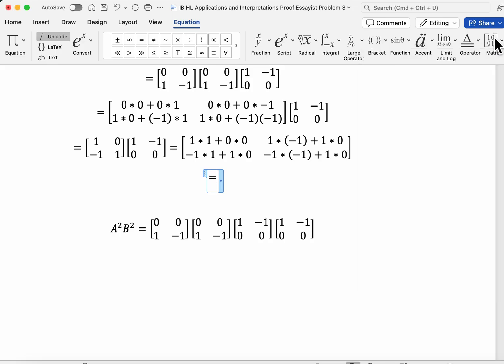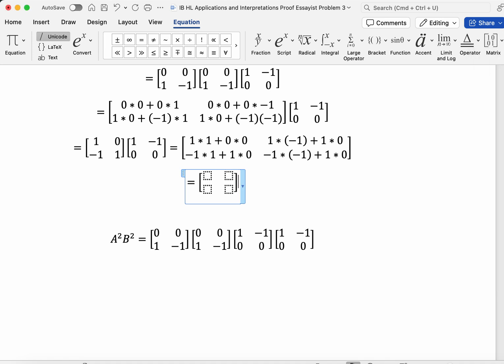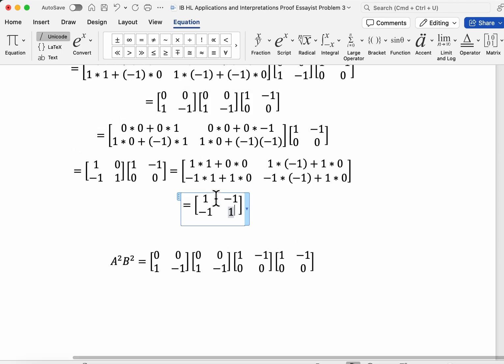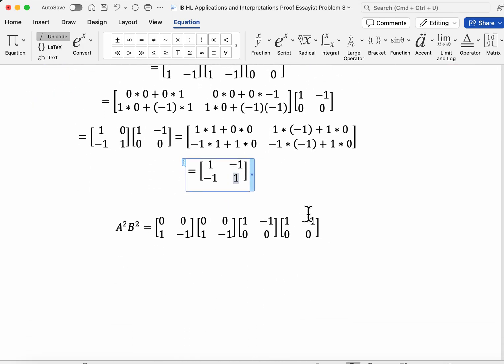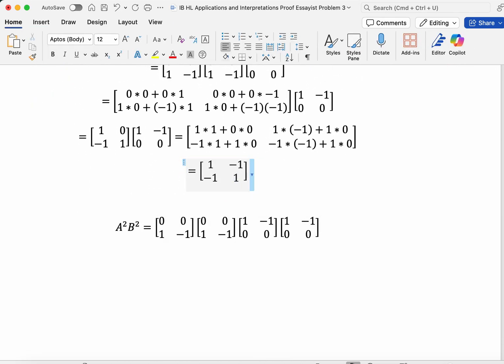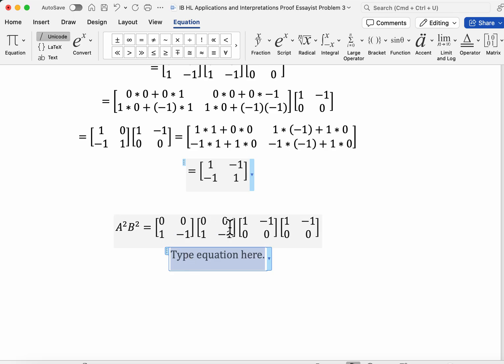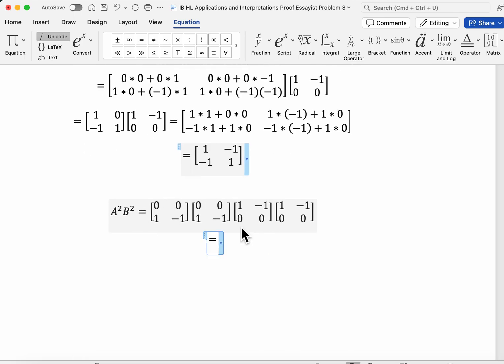And these arithmetic mistakes are going to be the killer of me. This is 1, negative 1, negative 1. Negative 1 times negative 1 becomes positive 1. Okay, good. So that's what we get here. Now we multiply these two things together and see what we get.